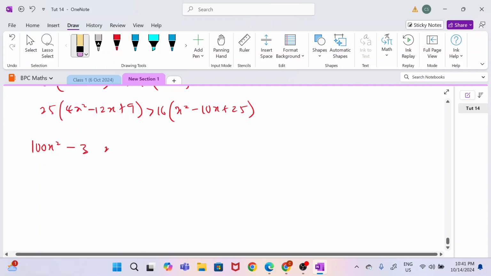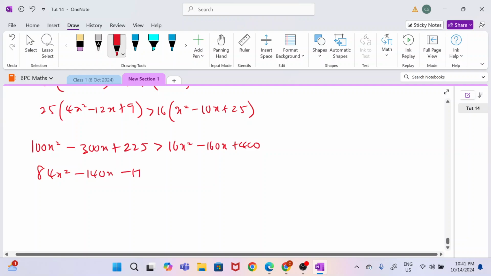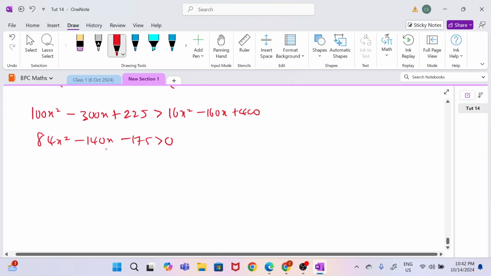This is quite easy. I'm going to simplify this dividing by 7 all.